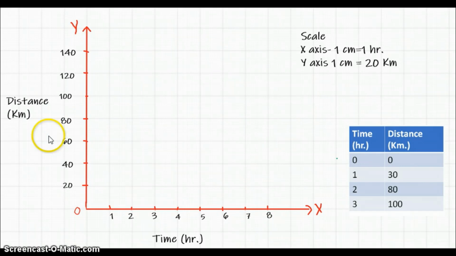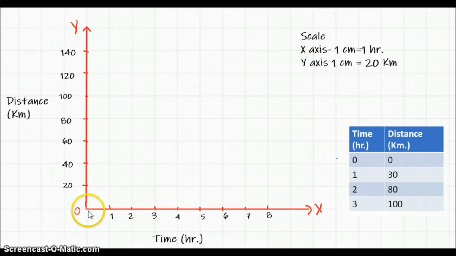Then we have to choose a scale to represent the distance and time on the graph. So this is the scale. You have to write what scale you have used. What does this 1 centimeter represent on the x-axis, or on the y-axis?